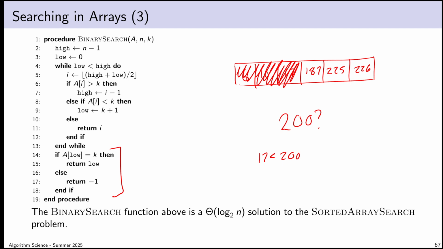Then I look in the middle of what's left over. 200 is less than 225, which means I can rule out both of these things. Now I'm down to only one index left. I've narrowed my range down to a range of size 1. However, unlike the scale balancing problem, it is actually possible that what's in there isn't the thing I'm looking for. With the scale, when I'm down to one possibility, that has to be the answer.